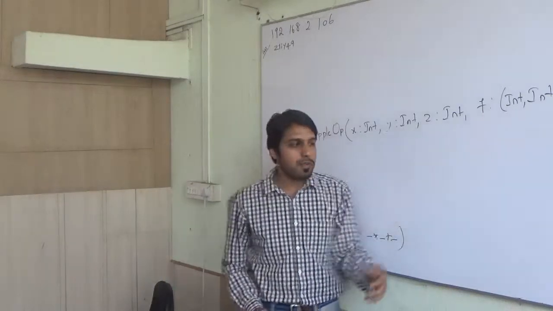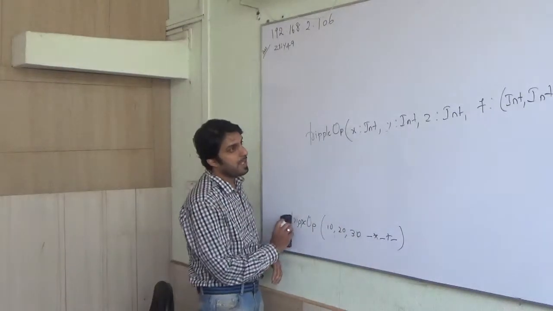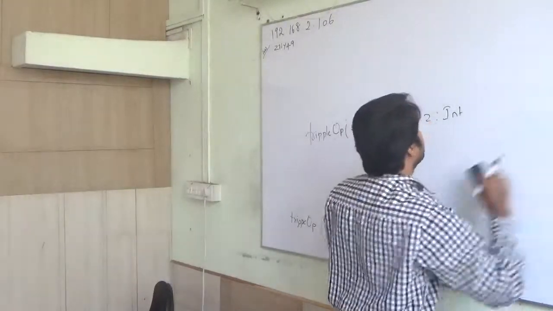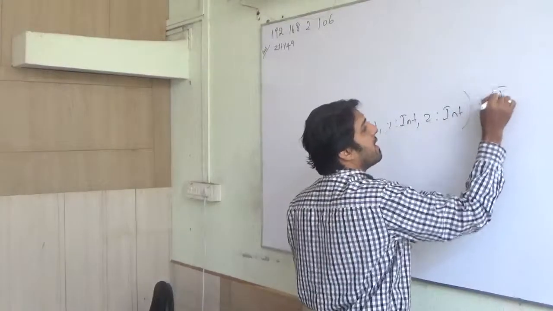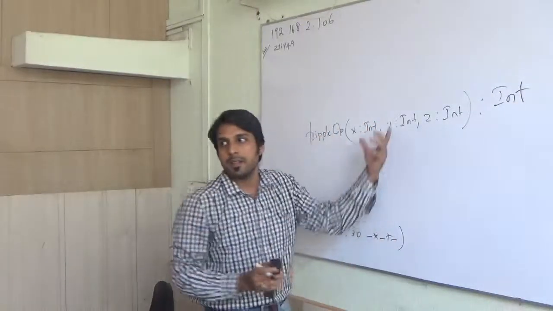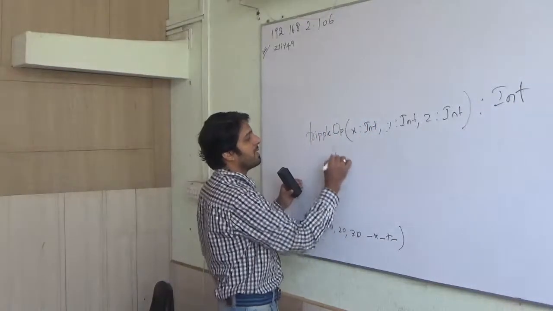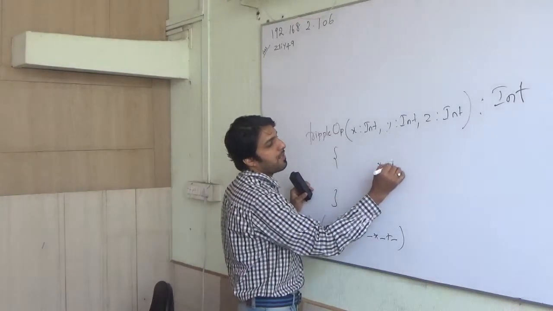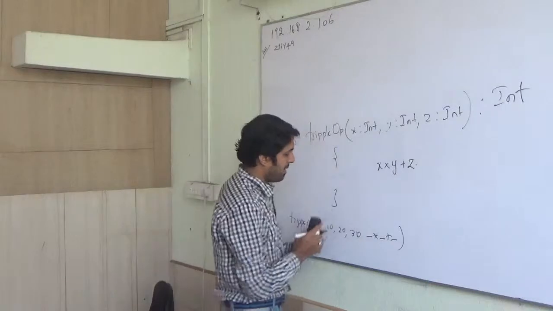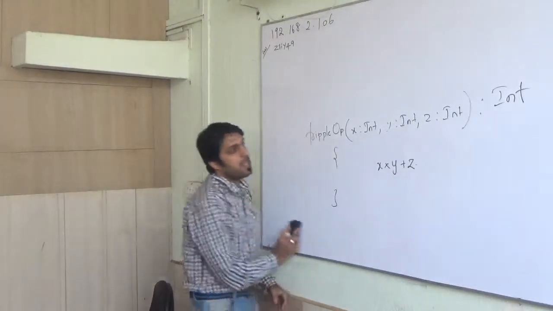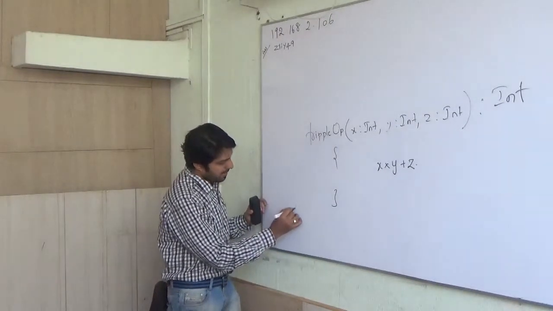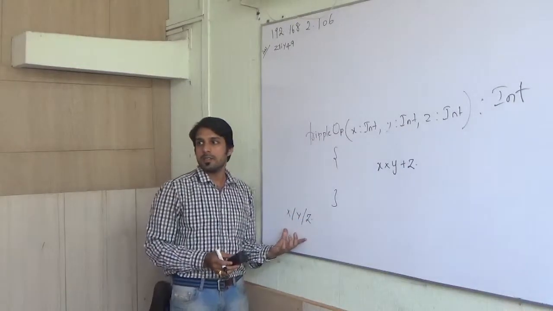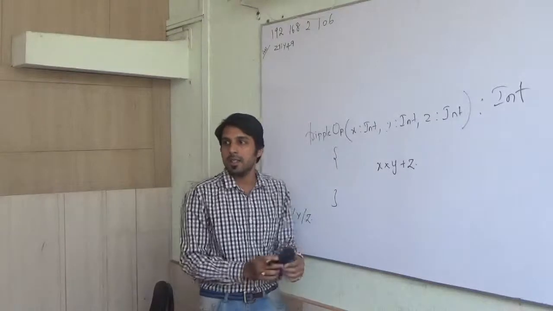Now, suppose we don't have this, and we are returning int. What we were doing is the definition is x star y plus z. Now we want to do x divided by y divided by z. So we need to code it again here, right?